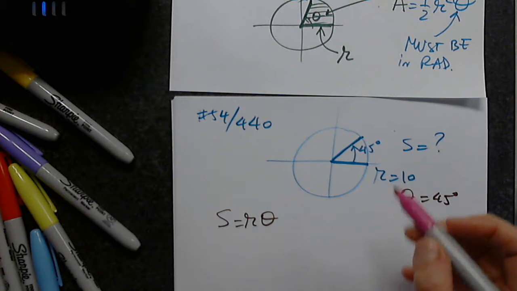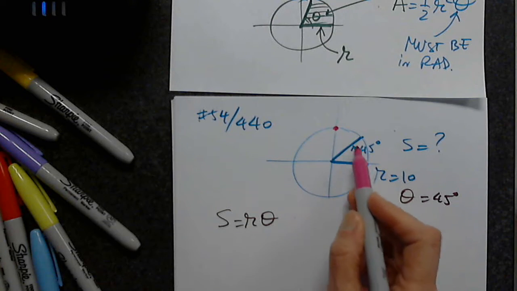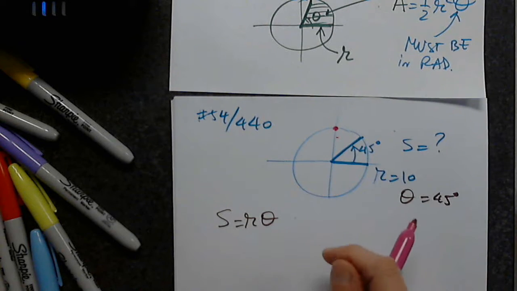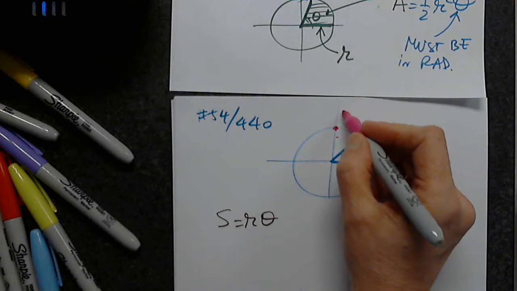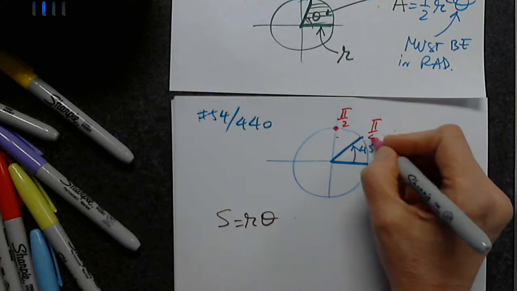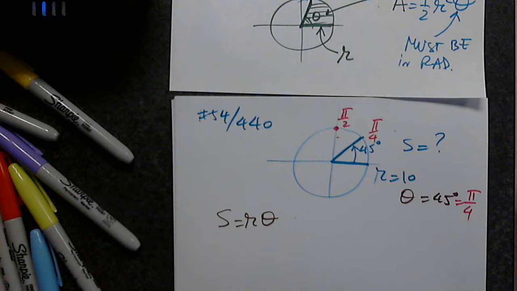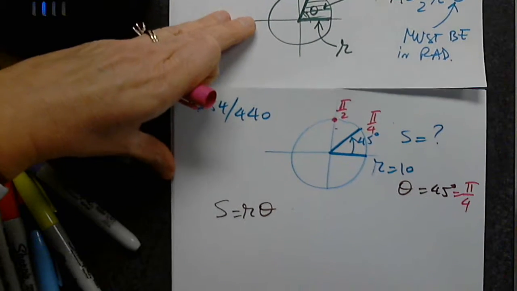So what was this angle? Pi over 2 radians. Very good. What will be the half of pi over 2? Pi over 4. That's it. So please remember, we need this forever. Pi over 4 or 45 degrees is the same thing.